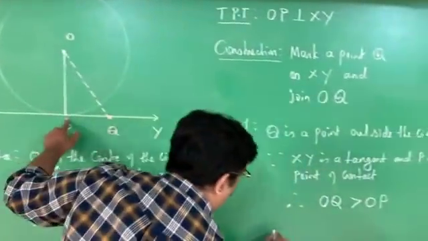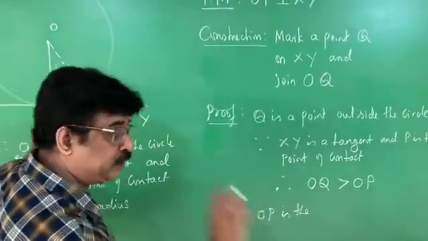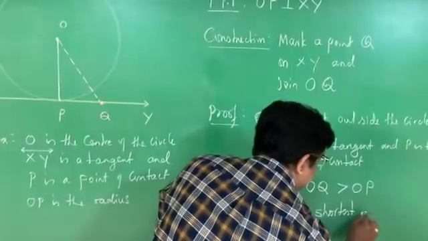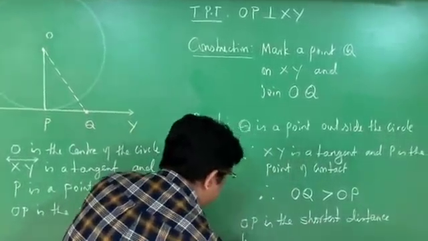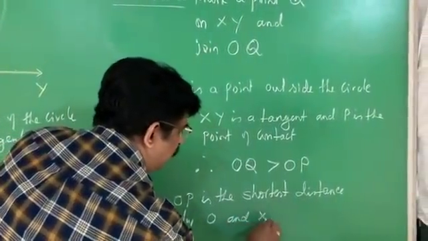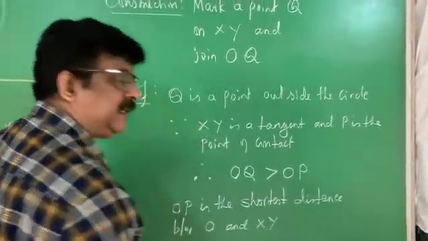Therefore, OP is the shortest distance between O and XY. O is the center of the circle, XY is the tangent.